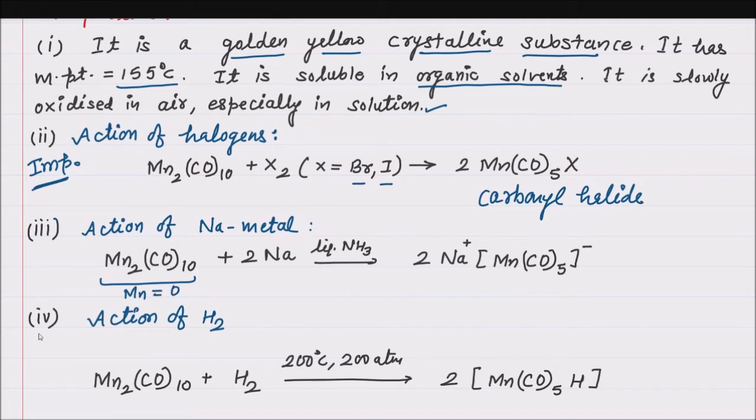But when it is converted into Na+ [Mn(CO)5]-, the oxidation state of manganese is -1. So when sodium in liquid ammonia converts Mn2(CO)10 into carbonylate anion, the oxidation state of manganese changes from 0 to -1. Very, very important thing.